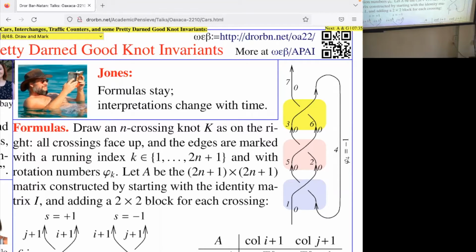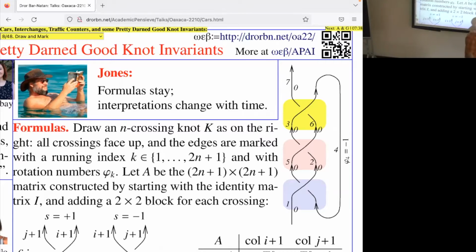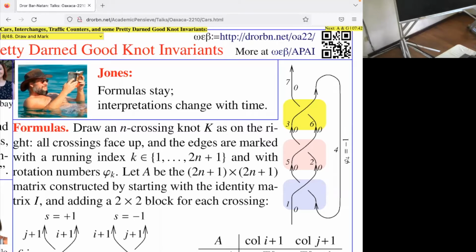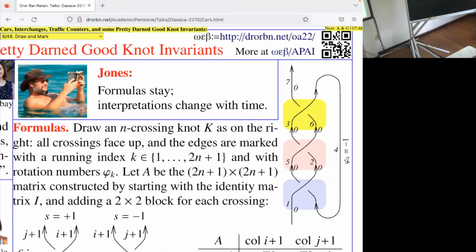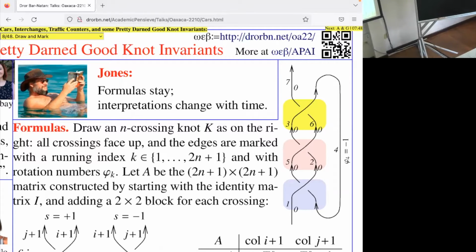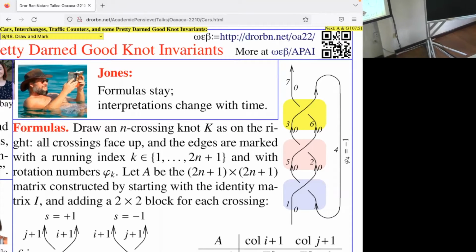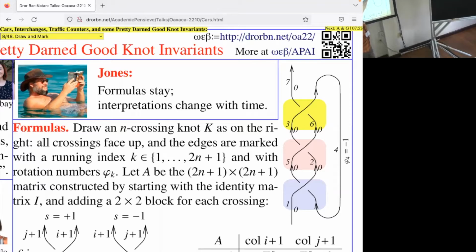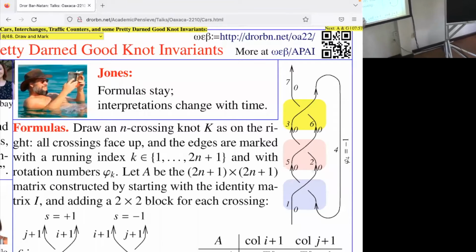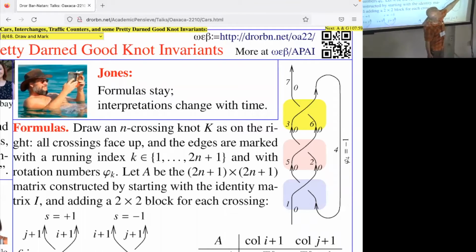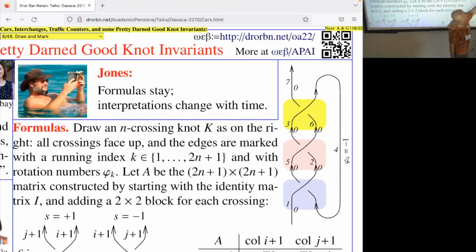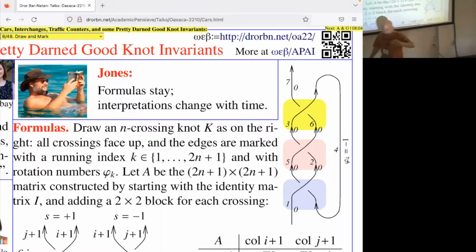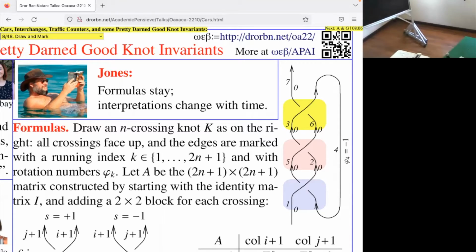And the second labeling is, you see each edge in this picture begins and ends pointing up, so it makes sense to count its rotation number. And the rotation numbers here are 0, 0, 0, 0, 0, and 0. But there is only one interesting rotation. So phi 4, the rotation of edge number 4, is -1. So that's the input. This is how you set up your things.